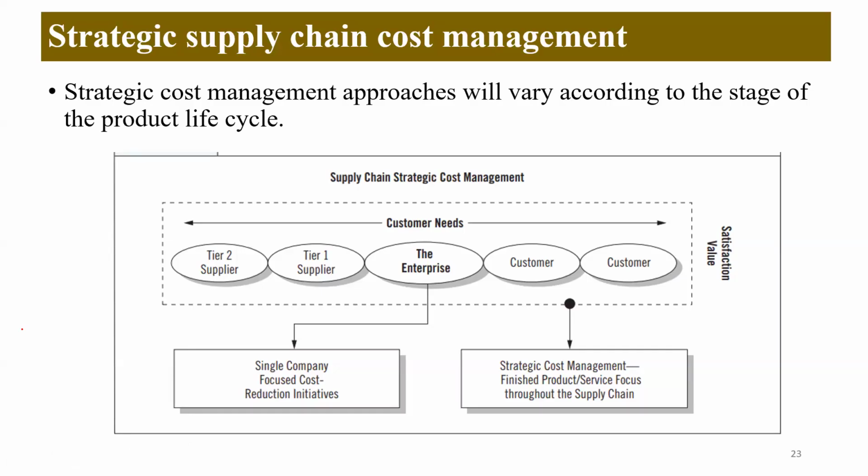Then the customer side, right? Supply chain strategic cost management will cover this scope, suppliers and customers. So what are the activities you use on the supplier side, upstream and downstream?